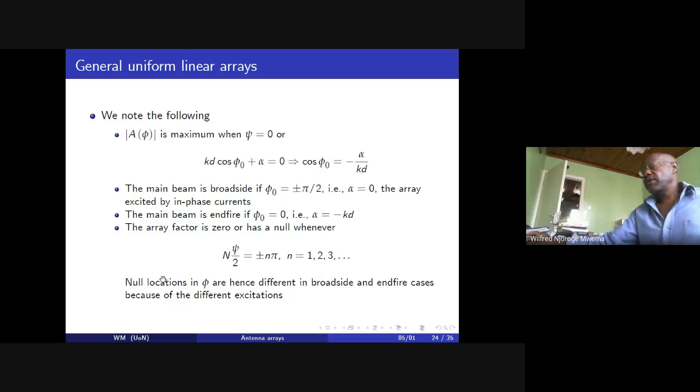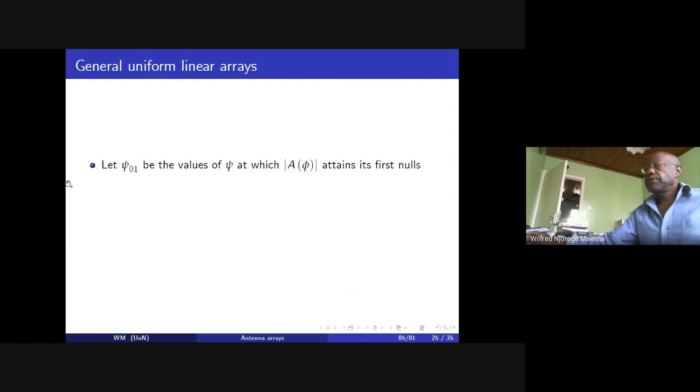So the null locations of phi are therefore different in broadside and end fire cases because of the different excitations. That is where we have alpha equal to 0 and alpha equals minus kd. So suppose psi at 0,1 is the value of psi at which the array factor attains its first nulls. That is why it becomes 0.